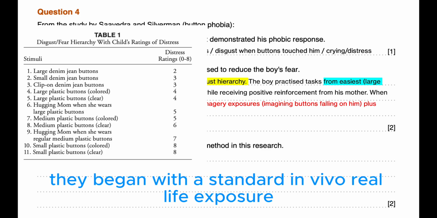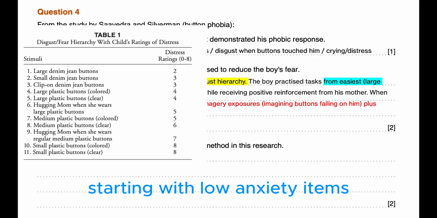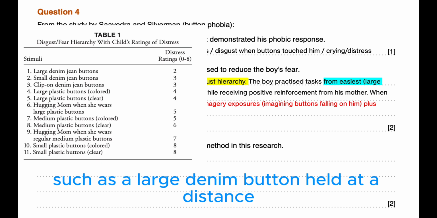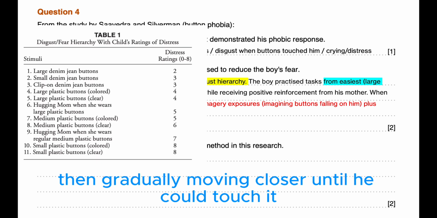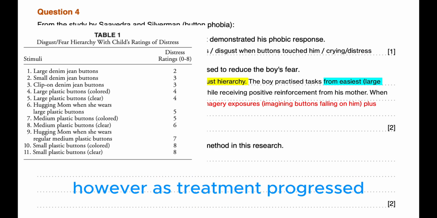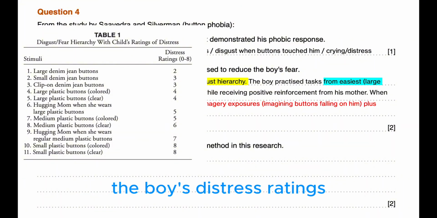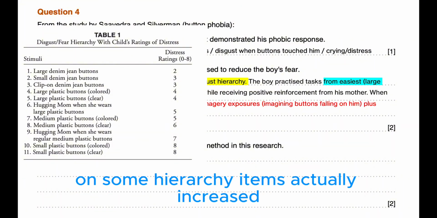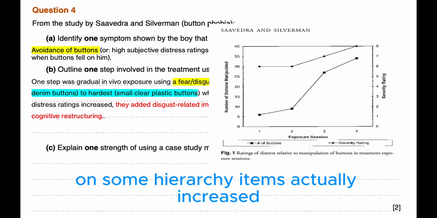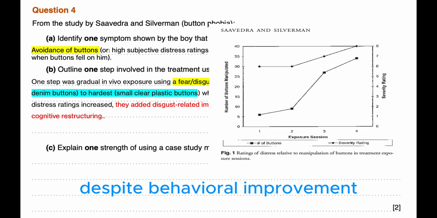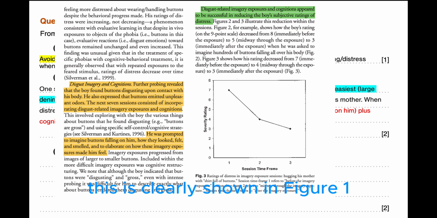They began with a standard in vivo, real-life exposure, starting with low anxiety items such as a large denim button held at a distance, then gradually moving closer until he could touch it. However, as treatment progressed, the boy's distress ratings on some hierarchy items actually increased despite behavioral improvement. This is clearly shown in Figure 1.